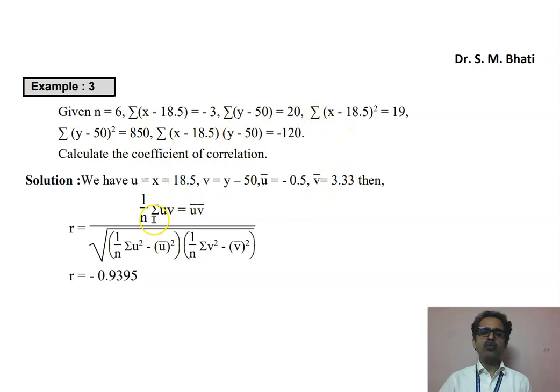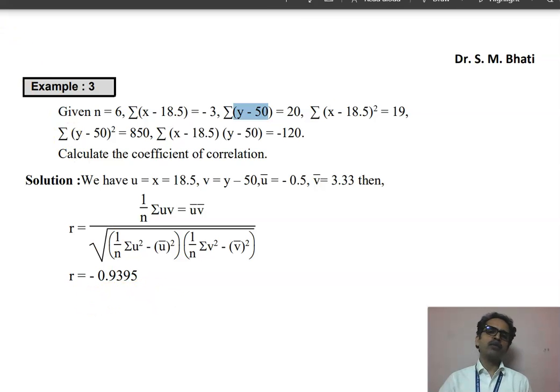Now you have to take u as x minus 18.5, and you have to take the other quantity as v. So you can get u bar is 0 and v bar is 3.33, and using this formula you can calculate the value of r, and you will find that r is minus 0.9395. That means the relation is negative, right? It's a negative correlation, and the value of r is very close to minus 1. So your relationship is very bad.